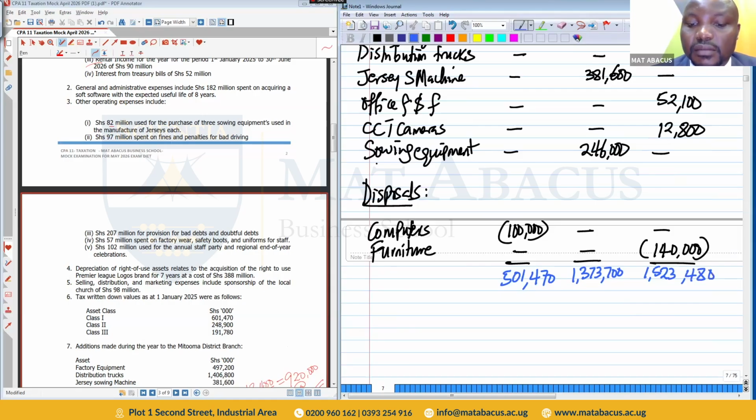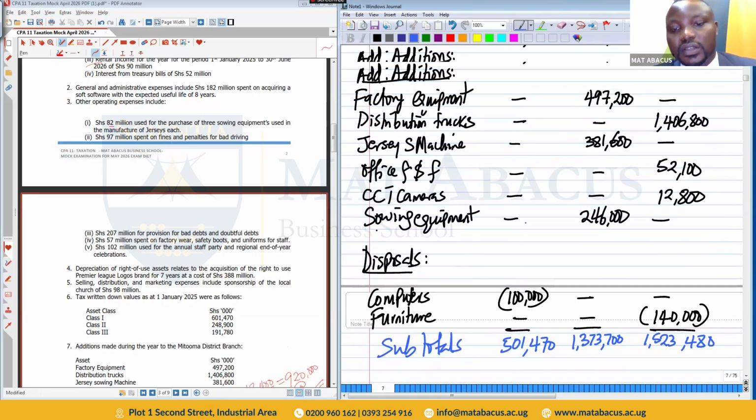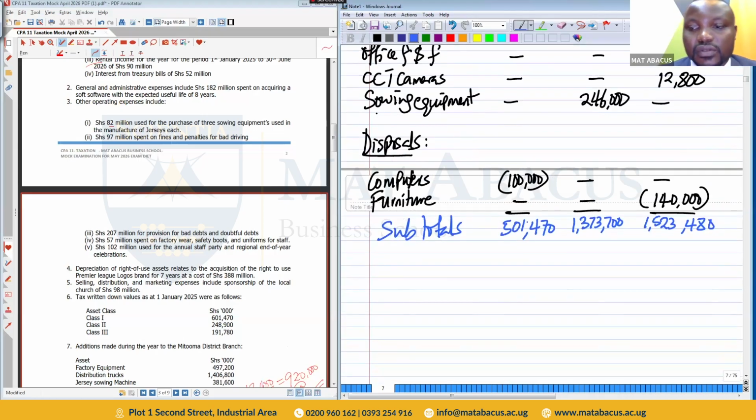So these are my subtotals after getting additions plus the disposals. Then I will multiply by the depreciation allowance. This is 40%, 30%, and 20%. So this is what we call the wear and tear rates.